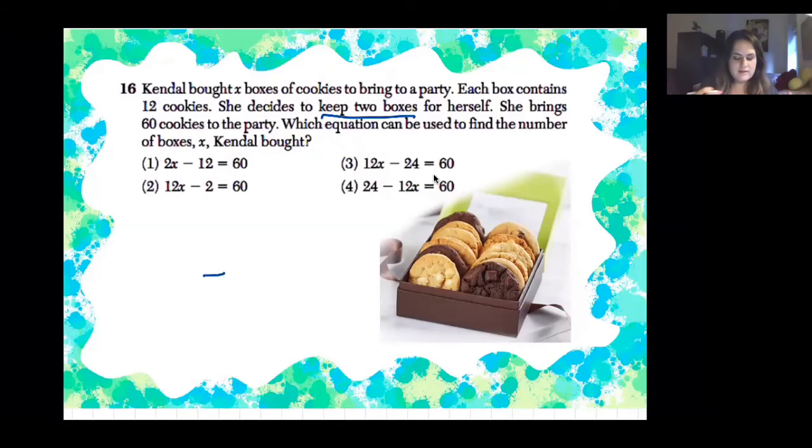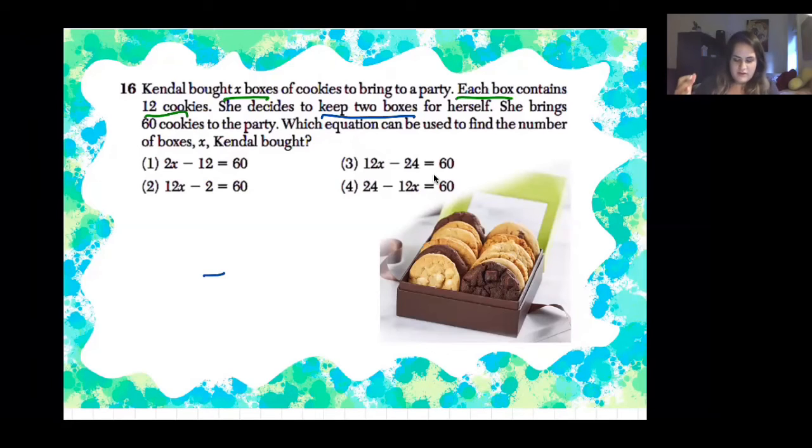Now 2 boxes. You might be thinking, well, I need to see the number 2, but they actually give you additional information here. Boxes is X, and there are 12 cookies in each box. So each means multiplication, so 12 per box, 12X.